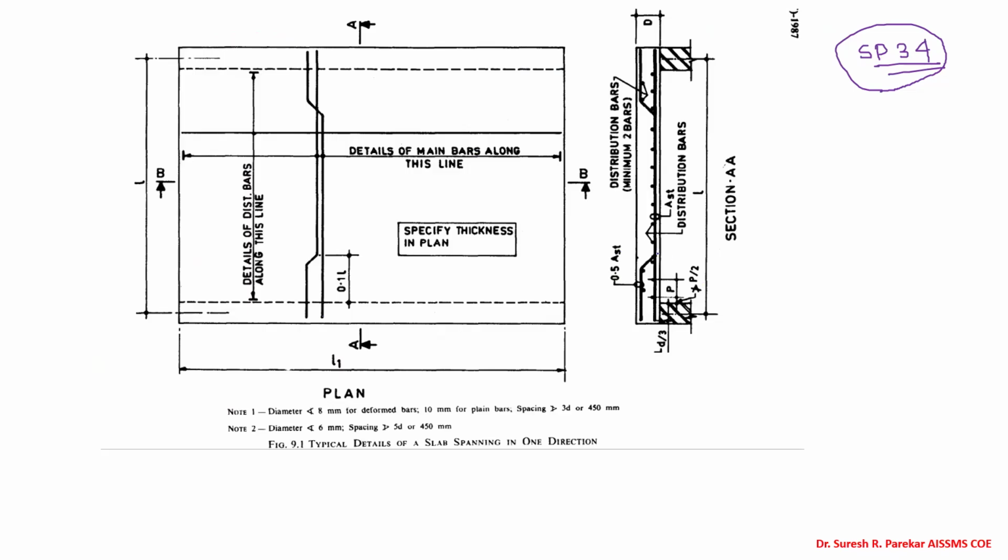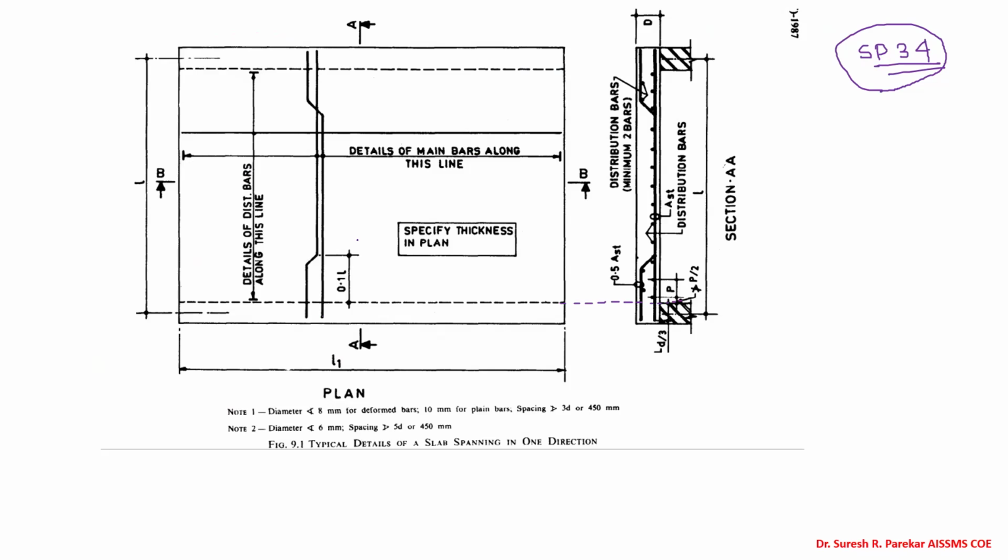That means 50% we are going to bend and 50% will continue, or 50% we are going to curtail, and at top we are going to provide this reinforcement. So this we are going to curtail. Here you can see this is given. At bottom it is from the center, and at top it is from the face of the column.